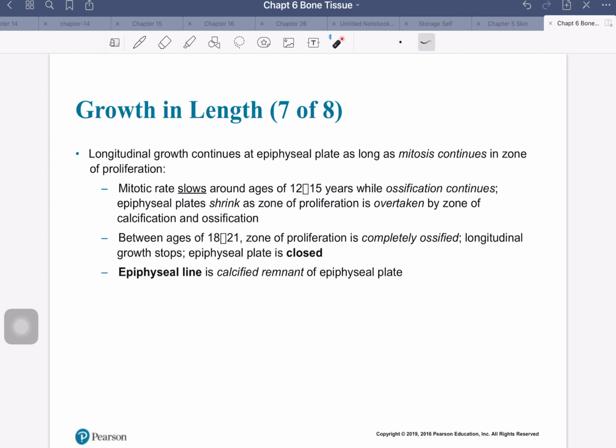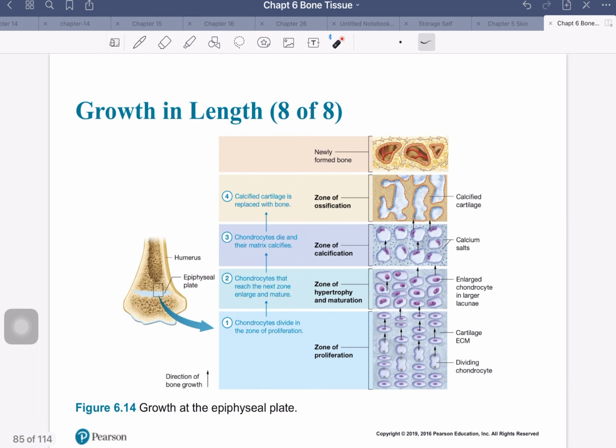And sometime around the ages of 18 to 21, the zone of proliferation has now been completely ossified. So there's no more chondrocytes to add more matrix and material to allow for elongation of the bone. So elongation stops and the epiphyseal plate is closed. Now there is a remnant that what was the epiphyseal plate has now been calcified, and we call it the epiphyseal line at this point.